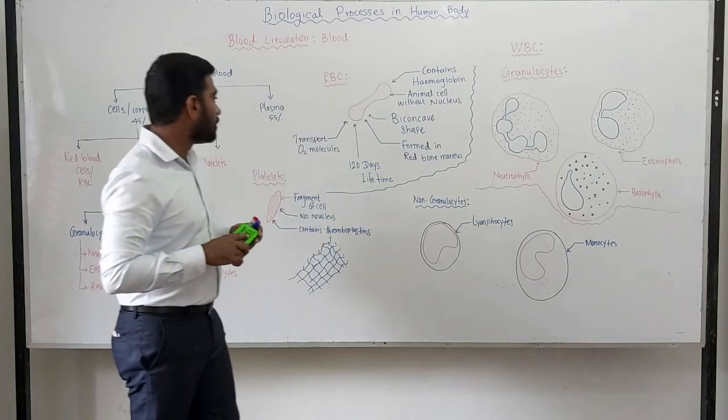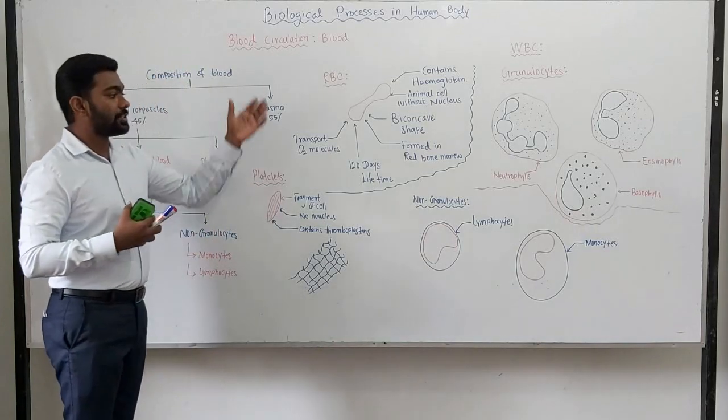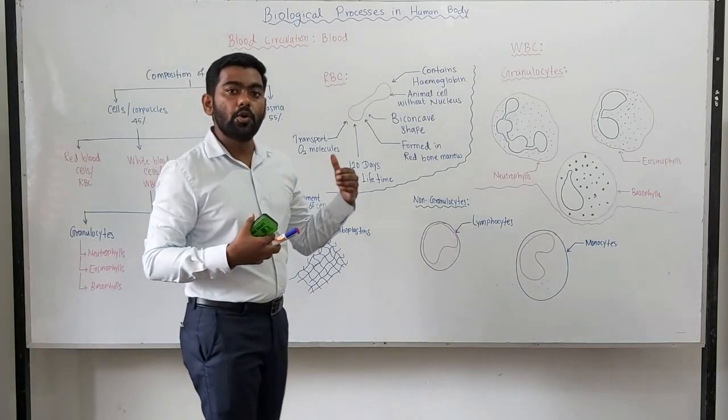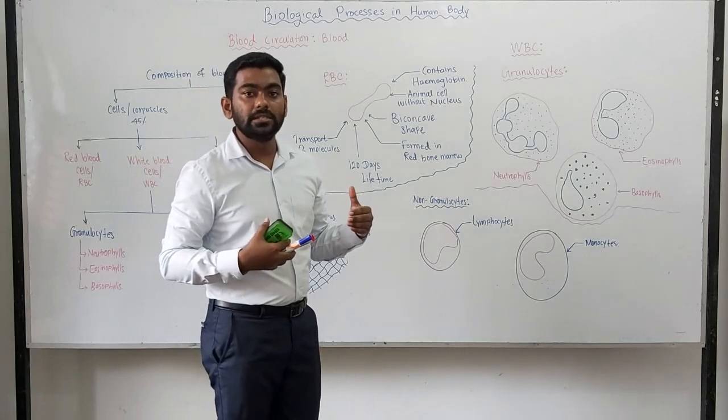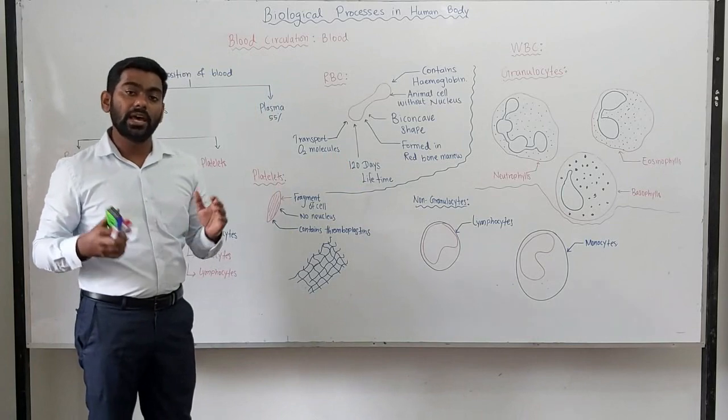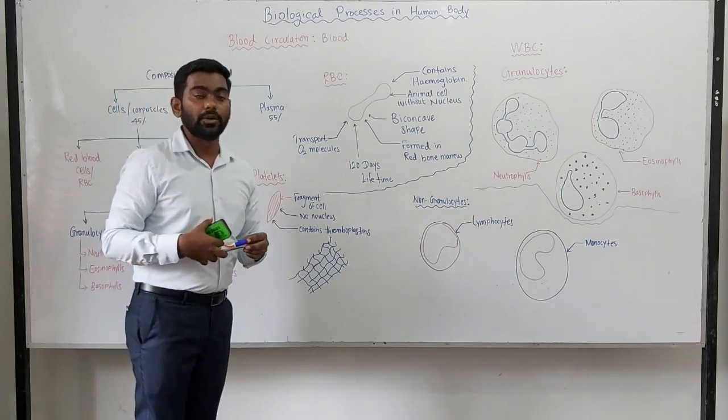So let's have a little deeper look at these different types of cells, their structure, and some more information about their functions. Each different type of cell has its own function in our body.